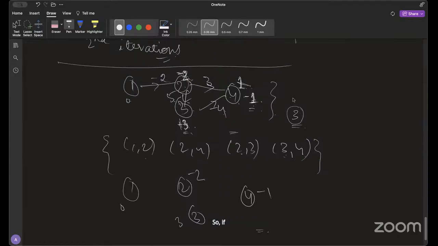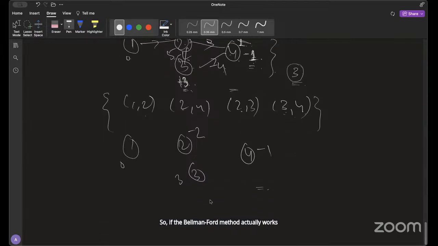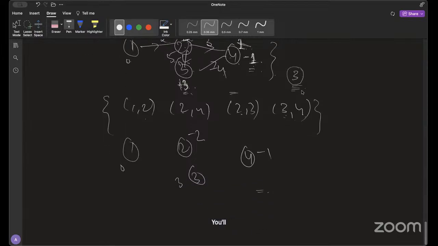If the Bellman-Ford method works here, after 3 iterations you'll get the same things, so your weights will get fixed after the third iteration. On the fourth iteration, you get the same weights, -2, 3, -1, 0. On the fifth iteration, you'll also get the same weights. So after n-1 iterations, your weights will become fixed at each edge. Is this fine?